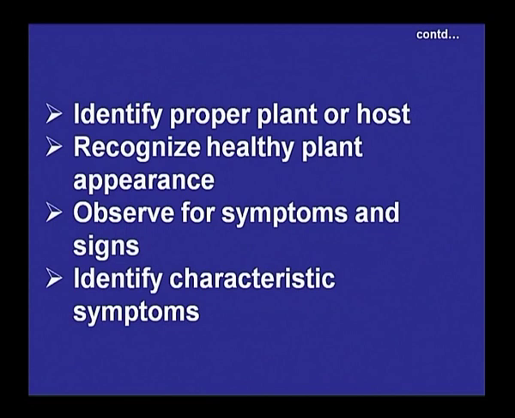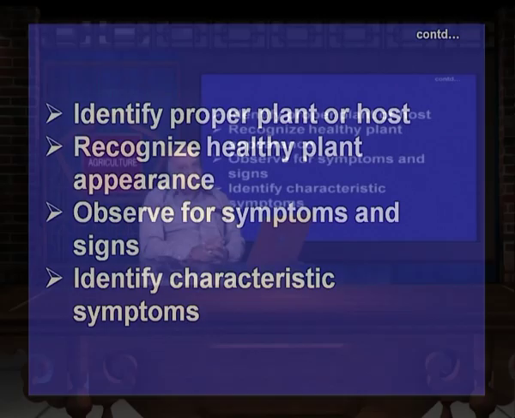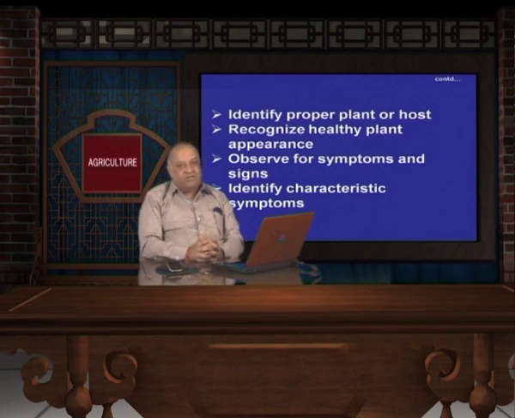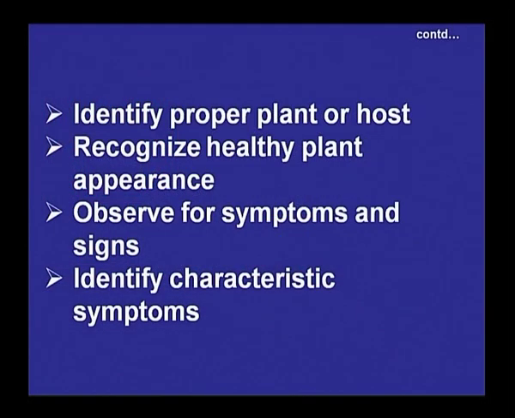Then recognize healthy plant appearance. The appearance of the healthy plant is first examined, and then we compare it with the diseased one: what type of above ground parts are affected, whether below ground or root parts are affected, leaves, flowers, stems. These parts we should examine completely.